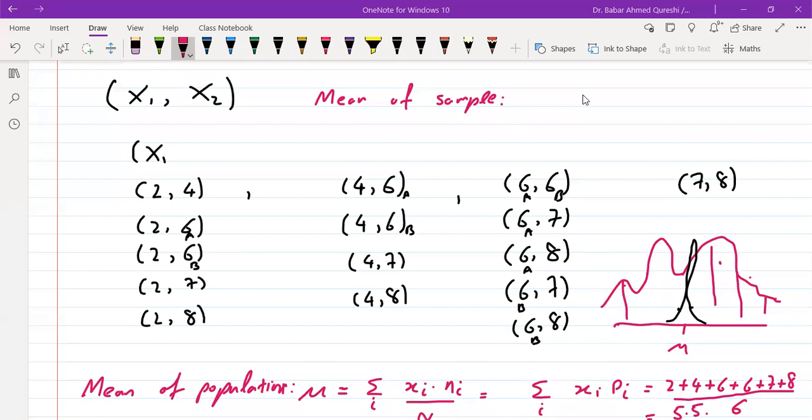All you do is sum these. So the mean of the sample is the sum of values in the sample divided by the number in the sample, the size, I should say.